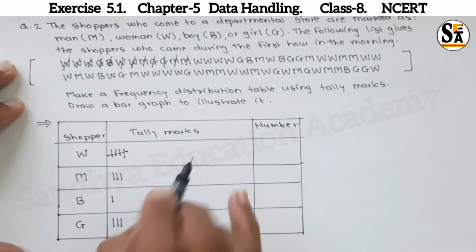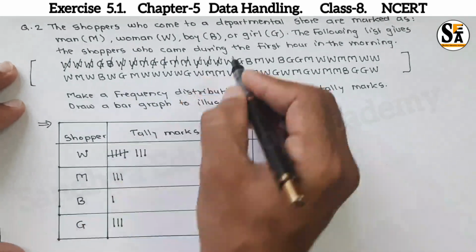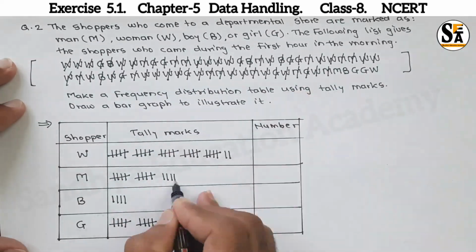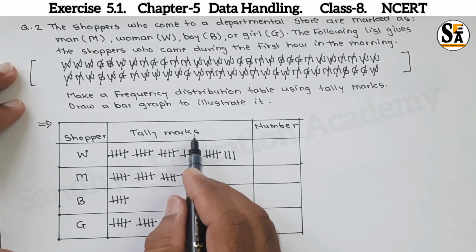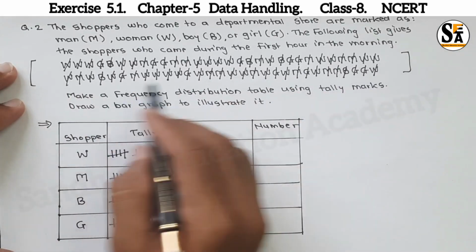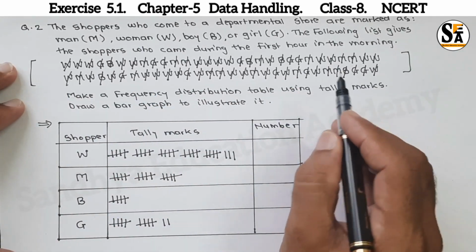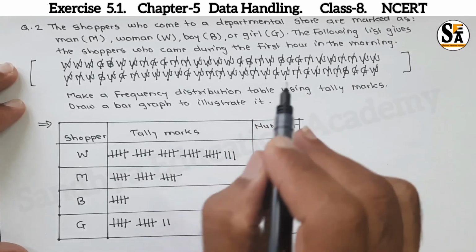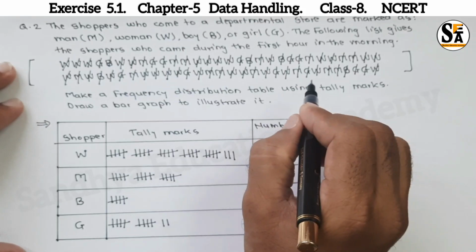Similarly all entries we will do like this. Thus we have made tally marks for all the entries, very step by step, very systematically. We have not made any hesitation or any wrong entry.